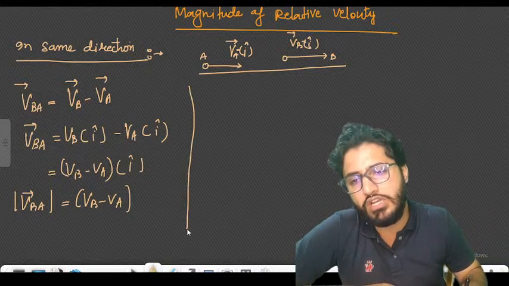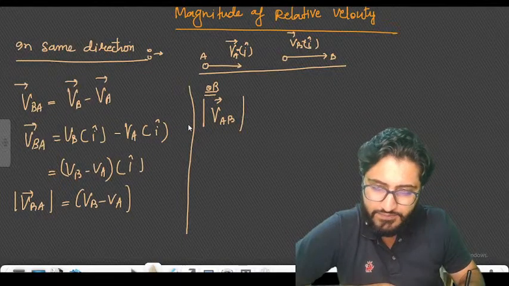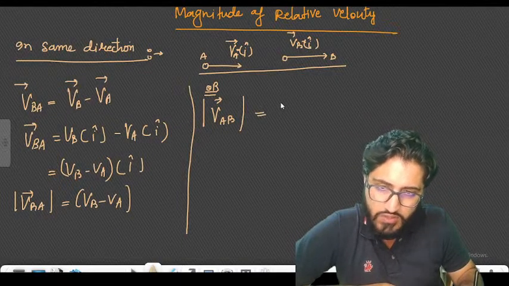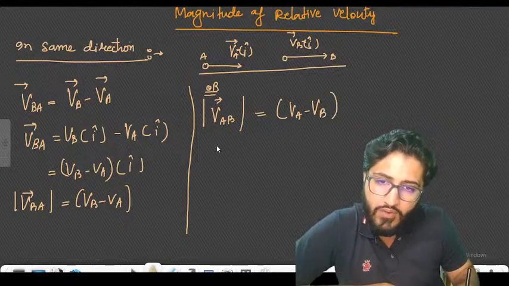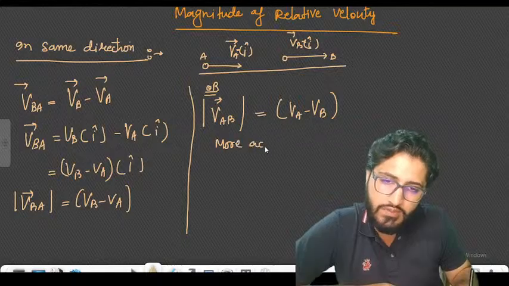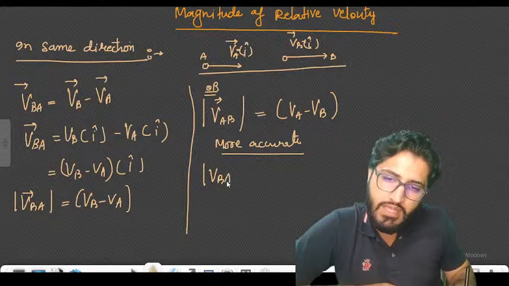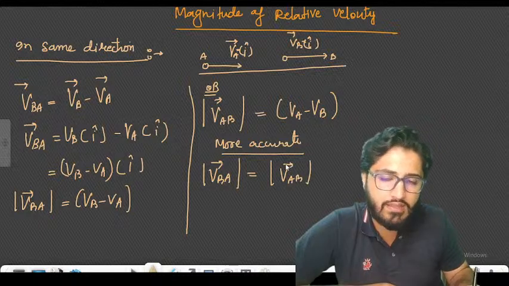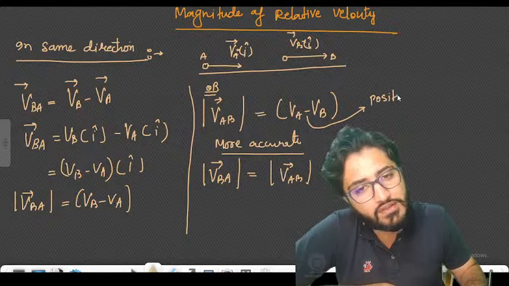Or VAB, which is VA minus VB. But more accurately, the magnitude of VBA equals the magnitude of VAB, because this is not a minus, it is a positive difference.